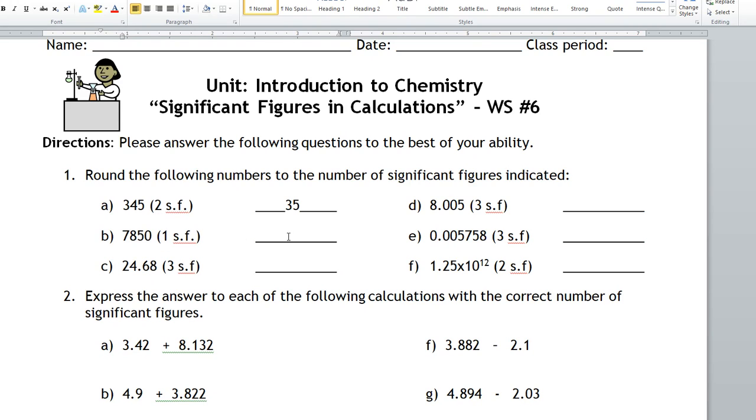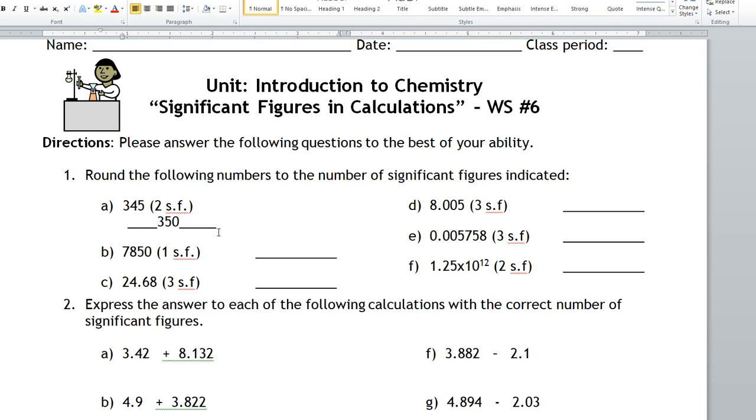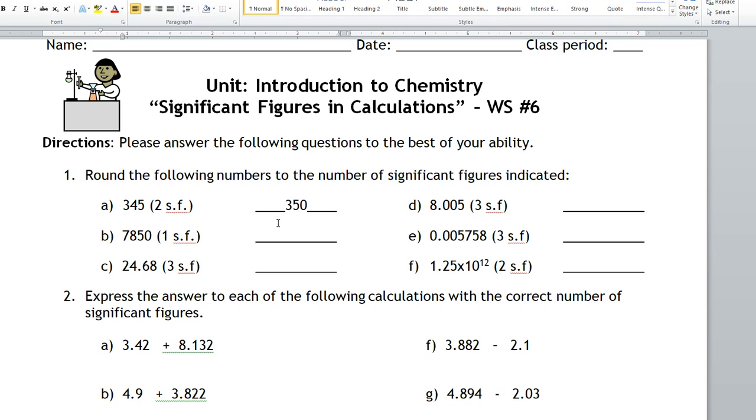Right, or sorry, I just did it. Your answer for this one should be 350. Okay, so I just made the mistake I told you not to. So again, I look at what number do I need to round to? Okay, and either stick with that number if it's below 5, or round up if it's above 5, and add a 0 for the placeholders.